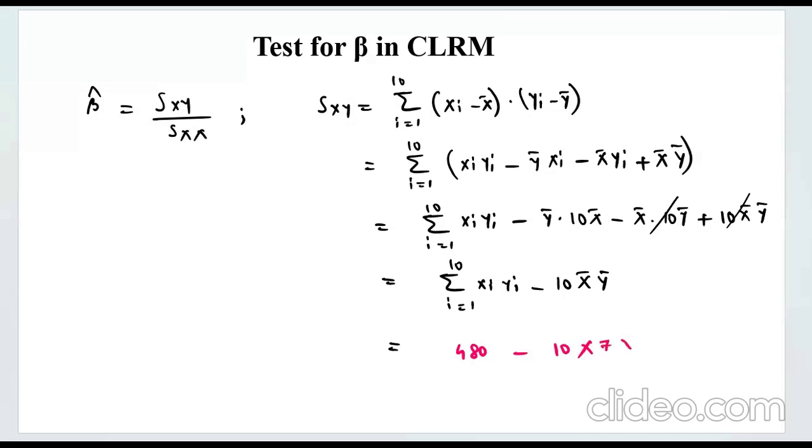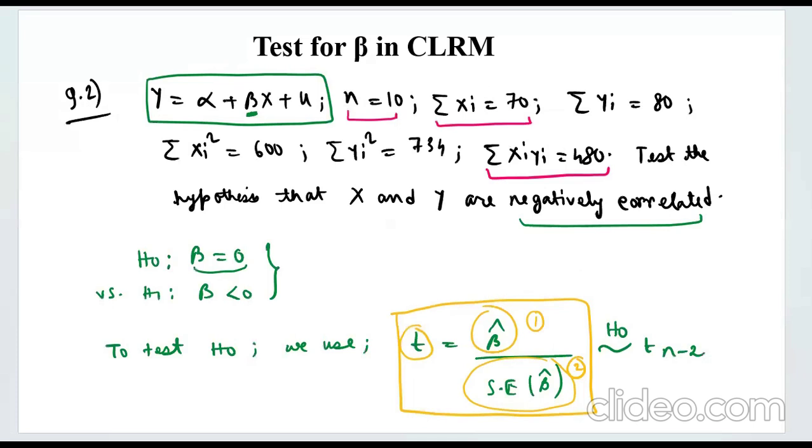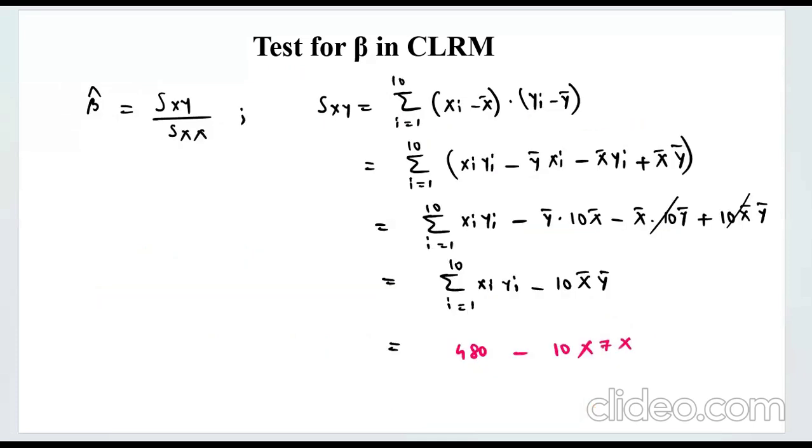Y bar is 80 upon 10, that is 8. So this will be 480 minus 560, which comes out to be minus 80. So this is your Sxy. The numerator part is done.